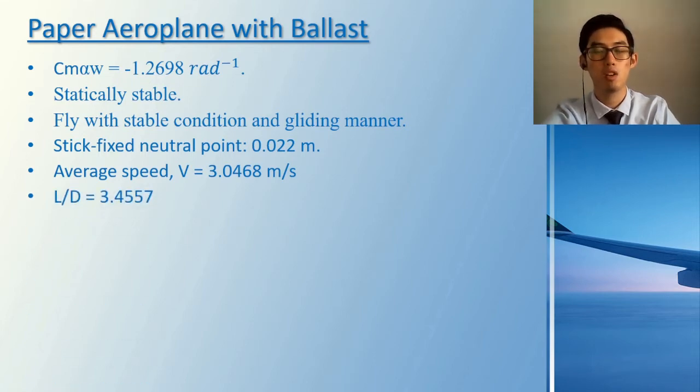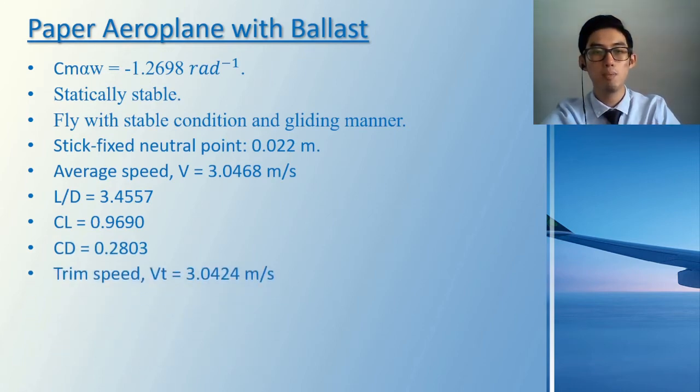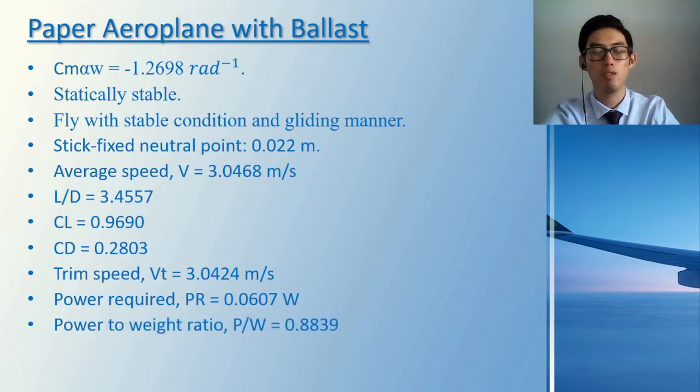The lift to drag ratio is 3.4557. The lift coefficient is 0.969. The drag coefficient is 0.2803. The trim speed is 3.0424 meter per second. The power required is 0.0607 watt.